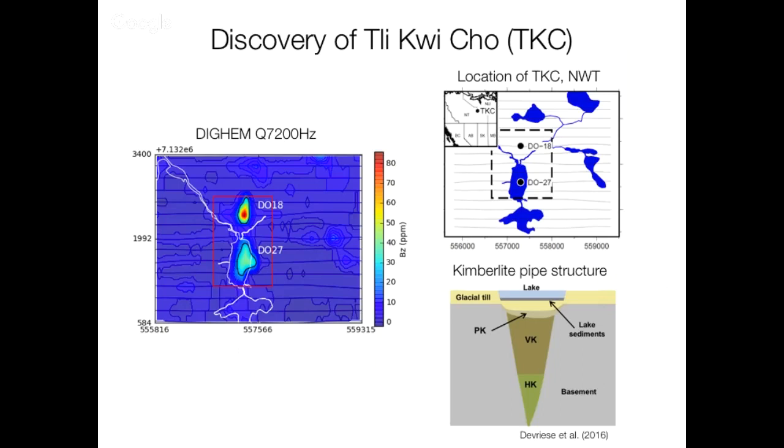The techniques used to find them were basically magnetics and frequency domain EM. The discovery was made with a DigEM system, which is kind of like an older version of the RESOLVE.